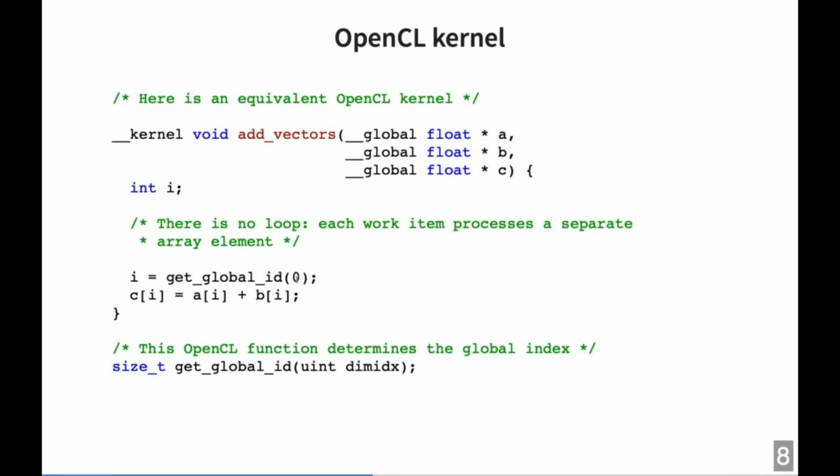So the argument is the dimension. So the first dimension in C counting is 0. So that's the global ID in the first dimension for this one-dimensional problem.